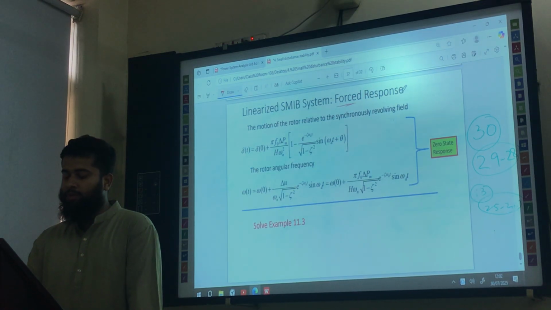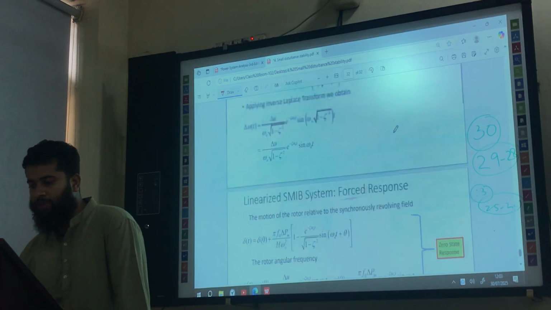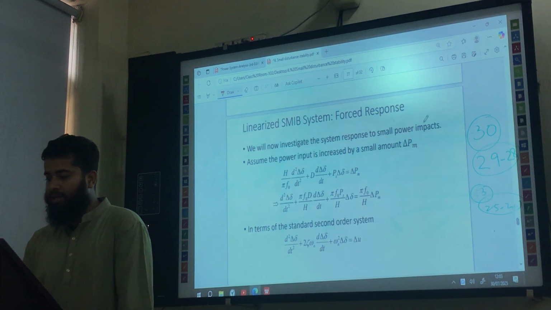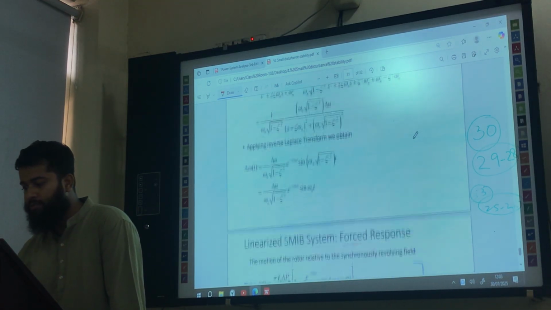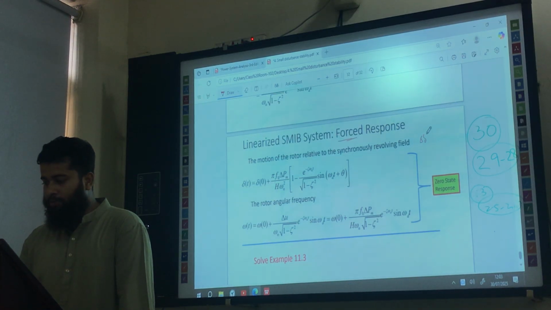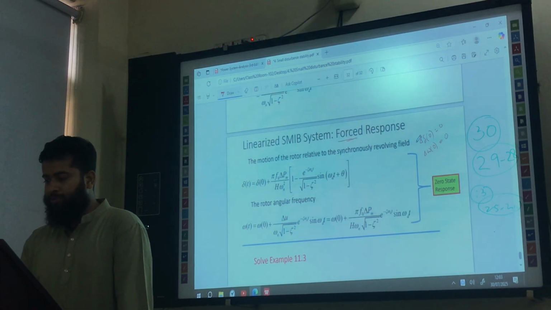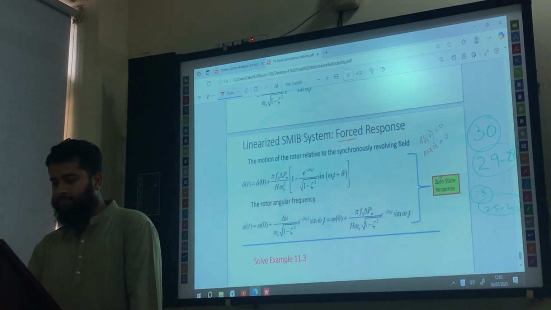In this case, we had our forcing function, and the forcing function came in terms of the deviation in the mechanical power, del P. This is called the zero state response, because in this case we assume the initial conditions of the two state variables, del delta and del omega, as zero. That's why this is called the zero state response.